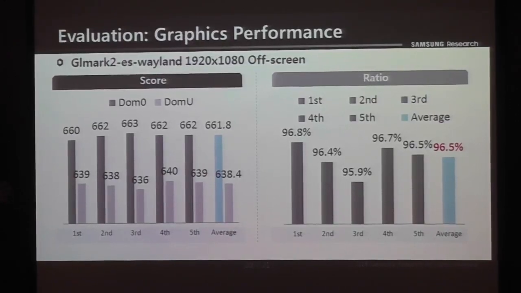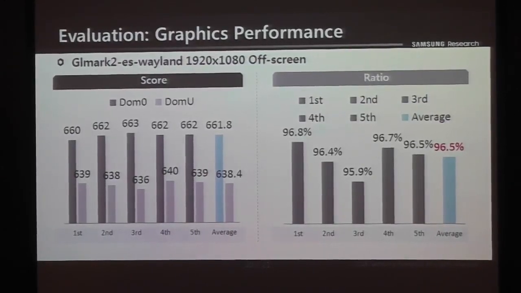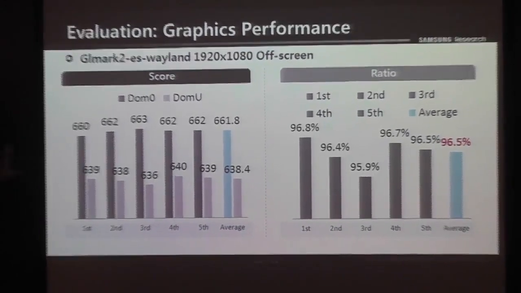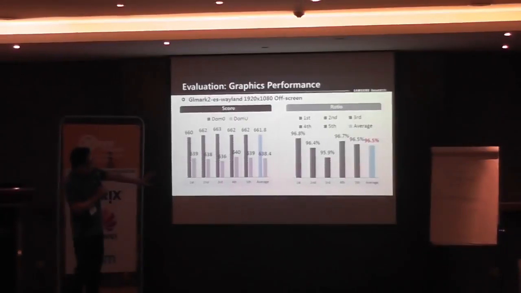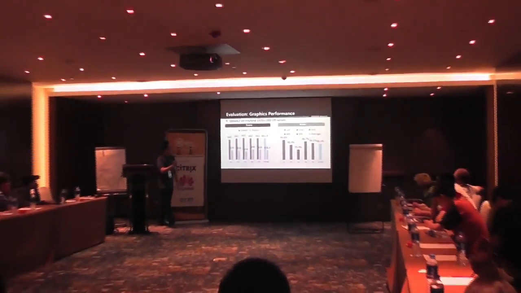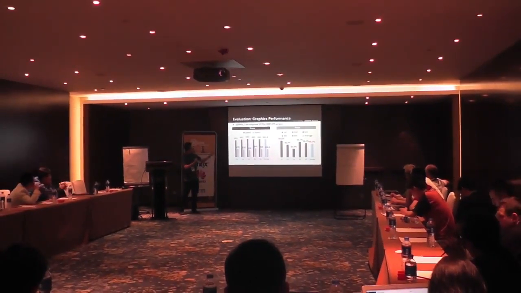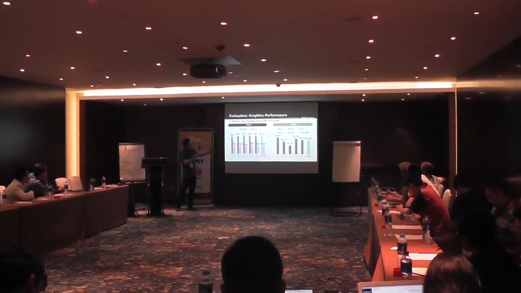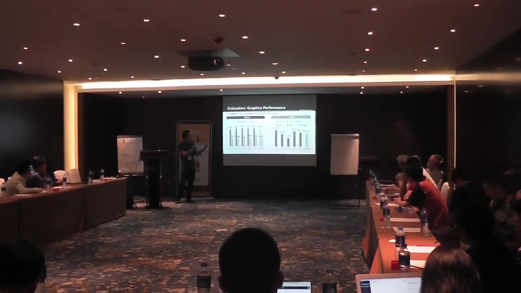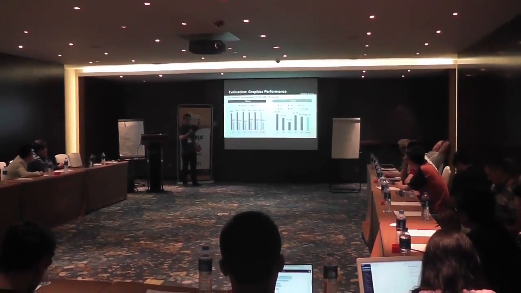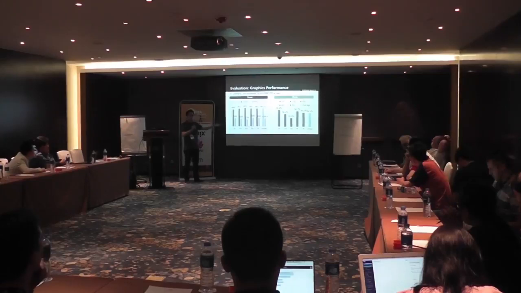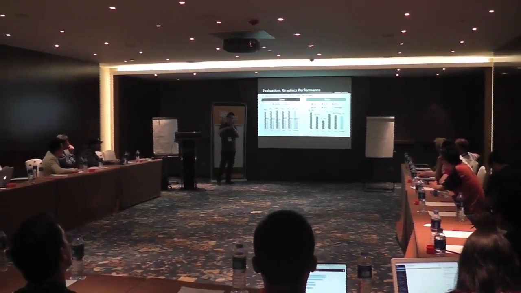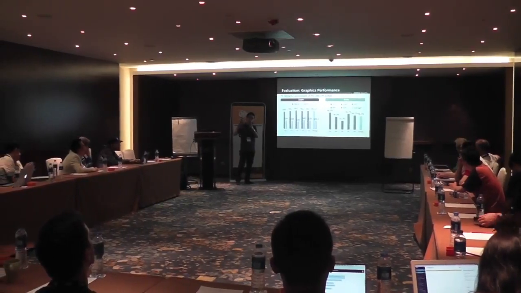For domain 0, we got 661 points, and we got 638 for domain U. So that means the relative performance of domain U is about 96% of domain 0 performance. We achieved this great performance based on our graphics virtualization solution.